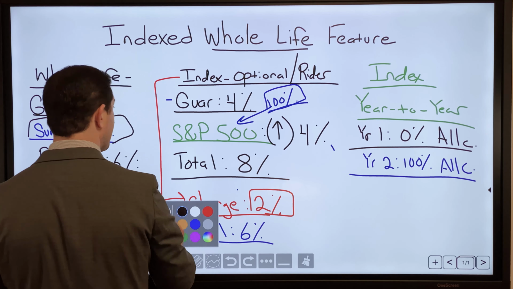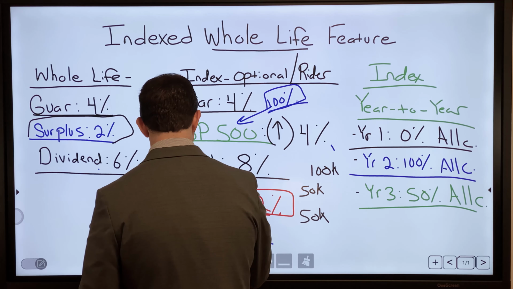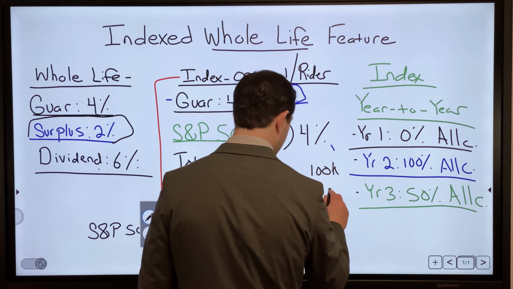So if we go with an example like this, year three, let's say you had 100K in cash. Now you've got 50K in the dividend and 50K in the index. Let's do this, 50K I for index strategy, 50K D for dividend. The 50K that is tied to the index strategy is assessed with the 2% charge.